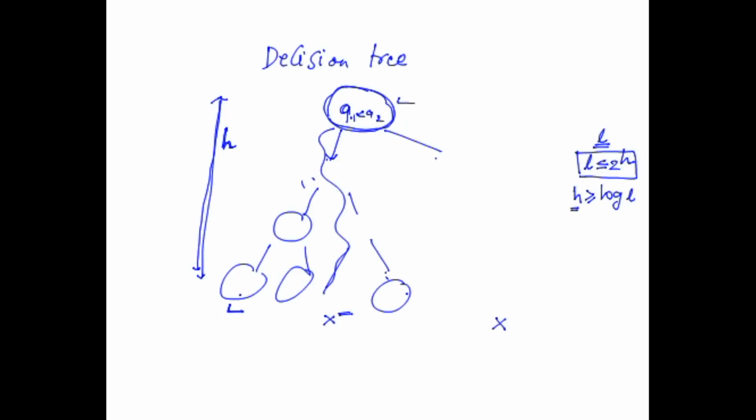Since the input is different, when I do some comparison, if the answer in the first case was yes, in the second case it has to be no. So the moment the input differs at some node in the decision tree, you take a different branch and reach a different leaf node. I repeat, if you give me two different inputs, then when you follow this decision tree for the sorting algorithm, we will necessarily end up in two different leaf nodes.